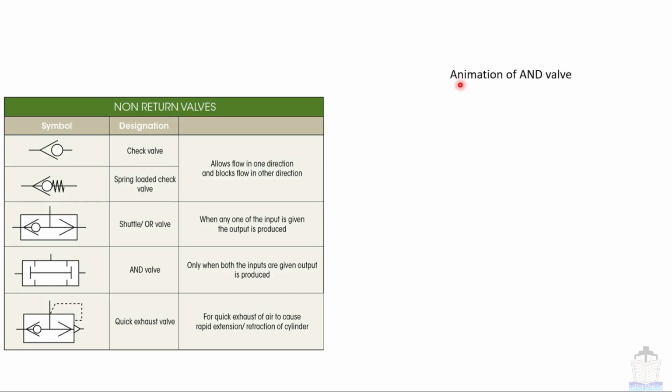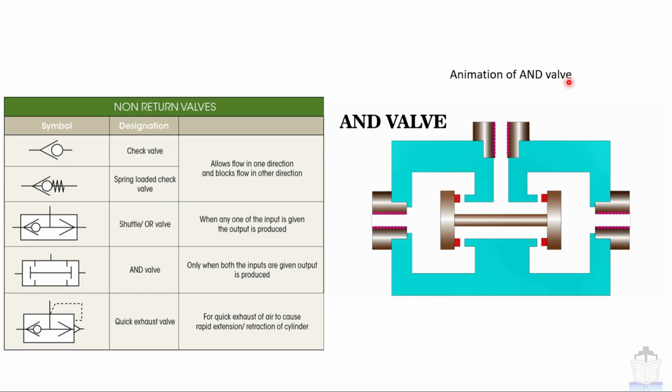Now I am showing the animation of the AND valve so that you can understand. So suppose I am giving input from this port, then this port will be closed and it will open this port to this port, and hence the output can be taken.